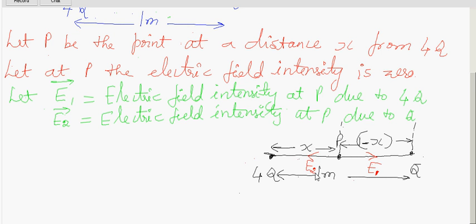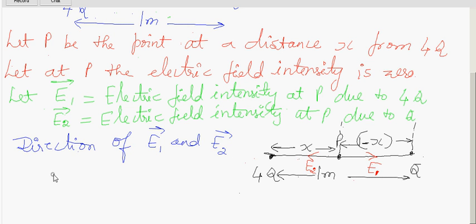Because P is the point where the electric field intensity is 0, and the directions of E1 and E2 are opposite to each other, E1 will be equal to E2.